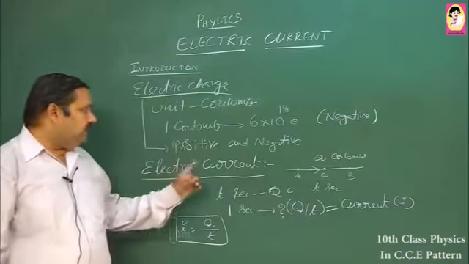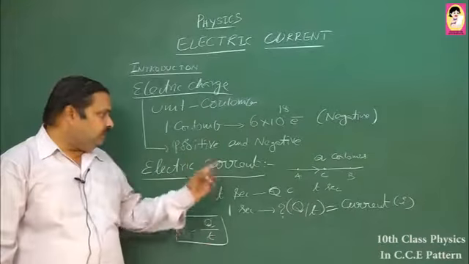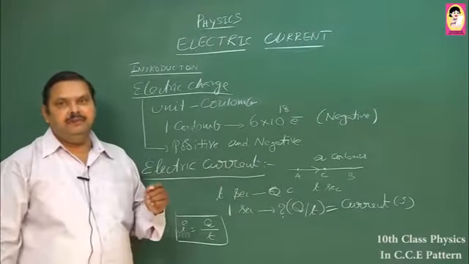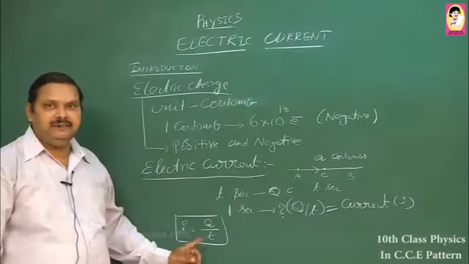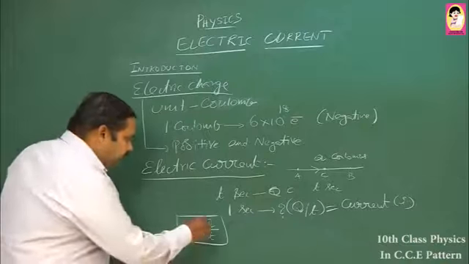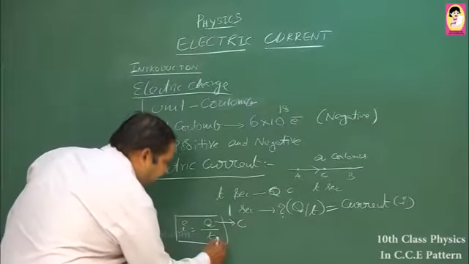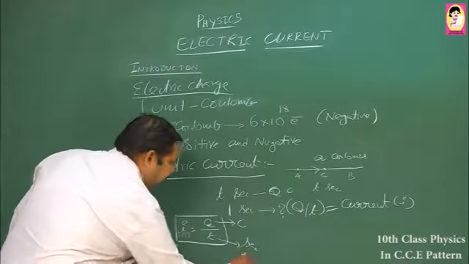So, the definition of electric current is the rate of flow of charge passing through a conducting wire, and the formula to calculate electric current is I equals q by t. In this, q is in coulombs and t is in seconds.